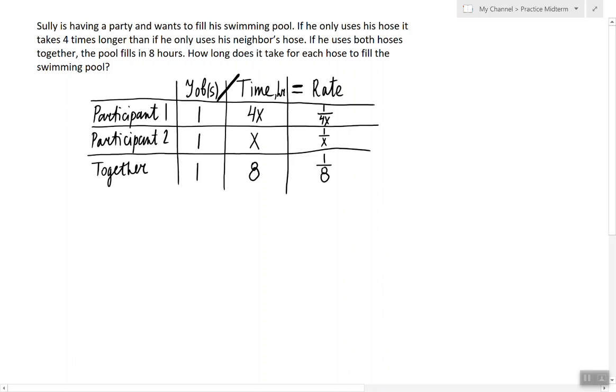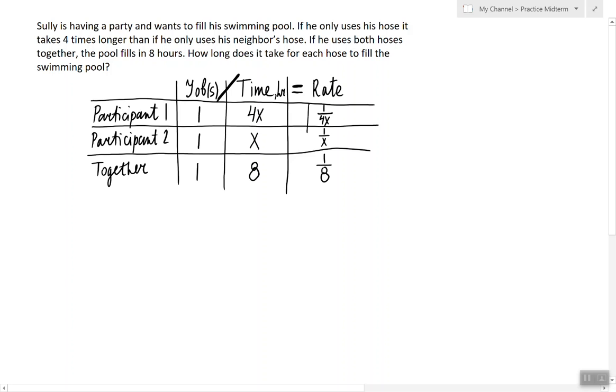So the key to answering any question and problems like this is in this table. If you can fill out this table, then you can answer the question. The table is complete. Now, which relation are we going to exploit to come up with the equation? Well, here's another hint. When you're working with tables and solving word problems, the formula that we end up using to set up an equation is usually either in the column or in the row.